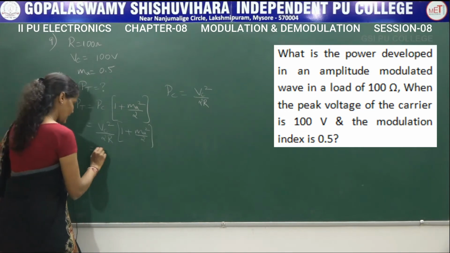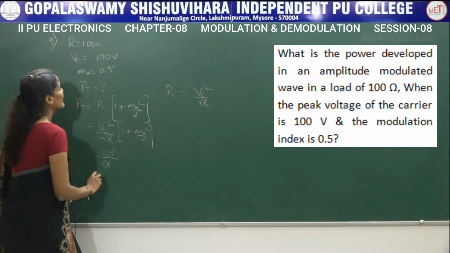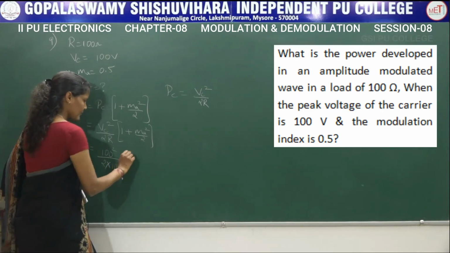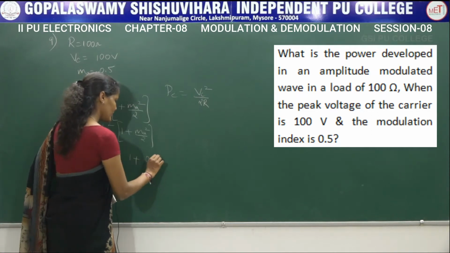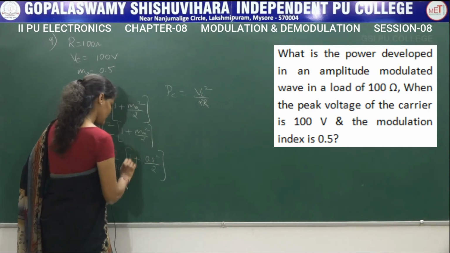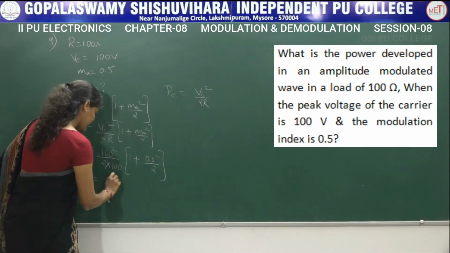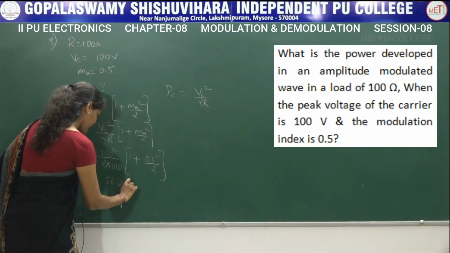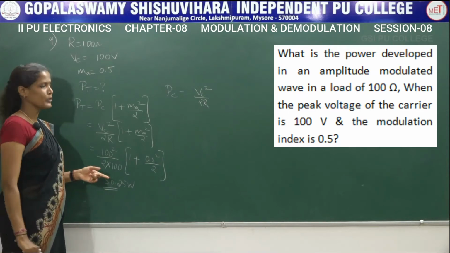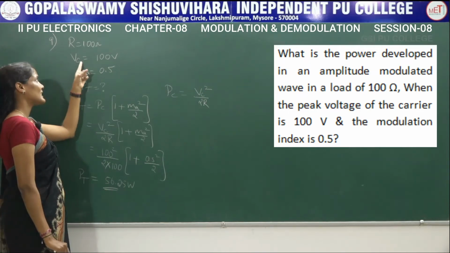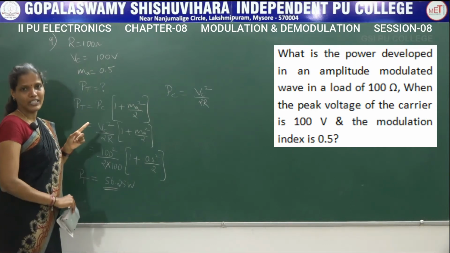So Vc value is 100 square divided by 2 into R value is also 100. 1 plus Ma value is 0.5, so 0.5 square divided by 2. So by solving this, we are going to get the answer as 56.25 watts. So the total power is equal to 56.25 watts for the given value of resistance, the peak value of the carrier voltage, and the modulation index.